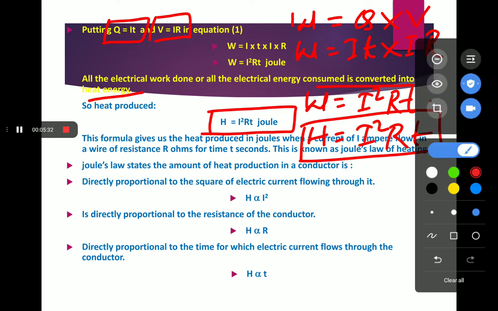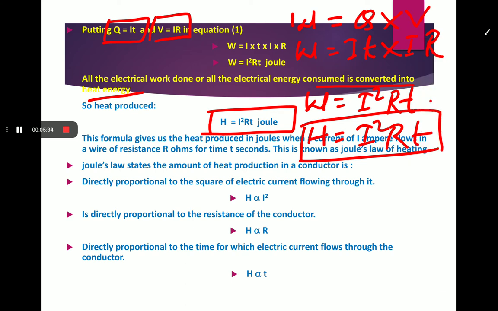Now, this formula gives us the heat produced in joules when I amount of current flows in a wire or a conductor having resistance R ohm for a period of time t seconds, and this is known as Joule's law of heating.